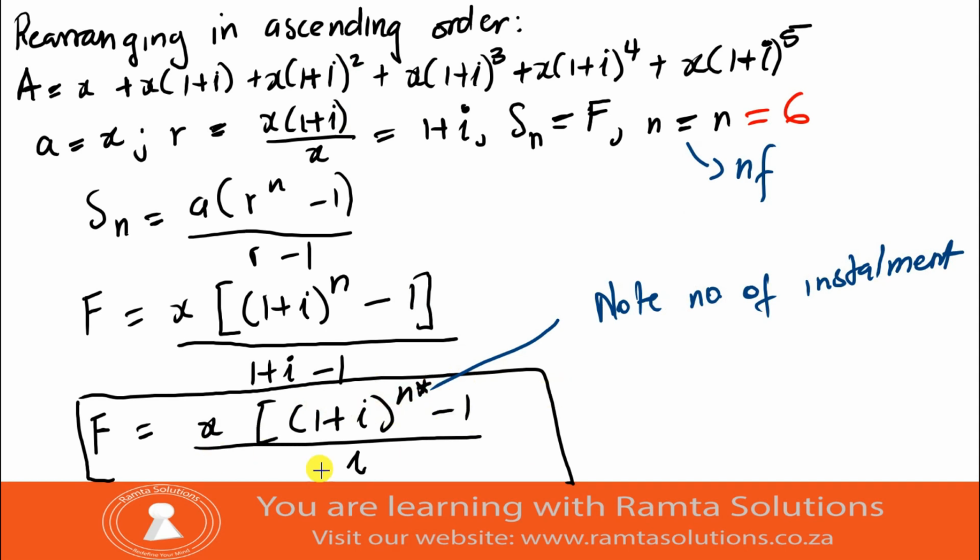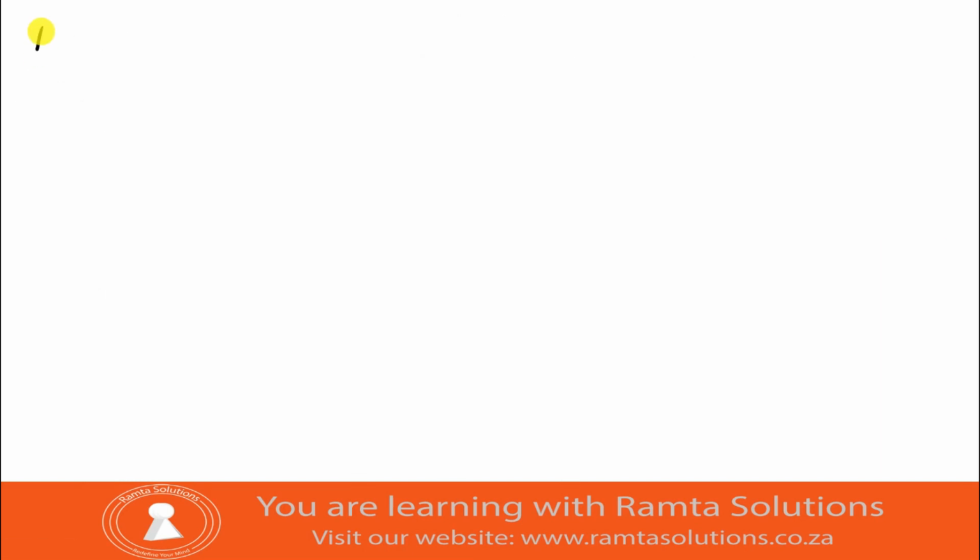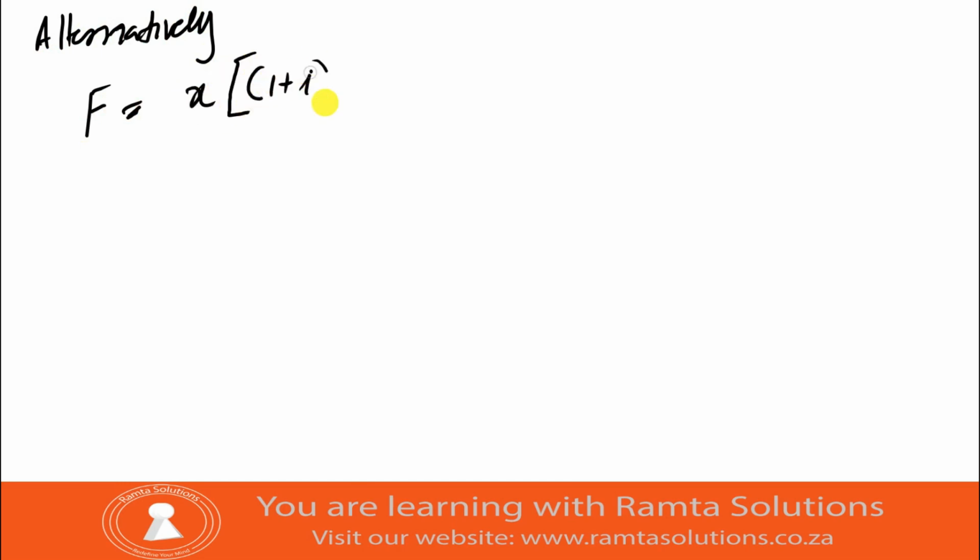So you can leave it like this, or alternatively, you can say F is equal to X into (1 plus i) to the n plus 1, minus 1, all over i. Now, I'm going to make a remark on this n.